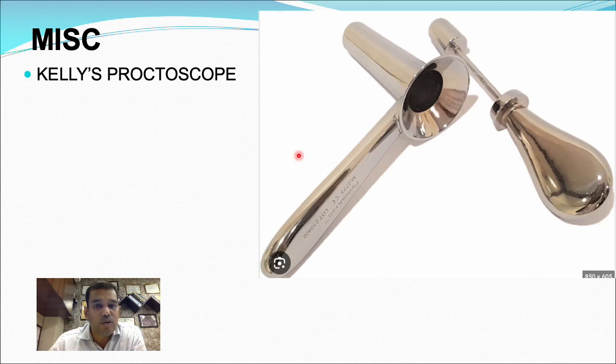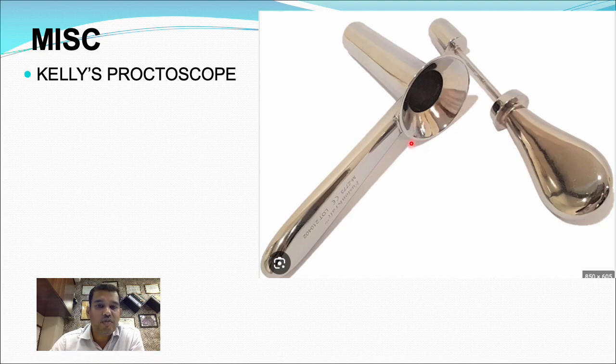It's called as Kelly's proctoscope. This is called as the obturator. This is the proctoscope. Nowadays we have a self-illuminating one, that is, there will be a light that is placed here so that you can visualize the entire lower part of the rectum and the anal canal better.